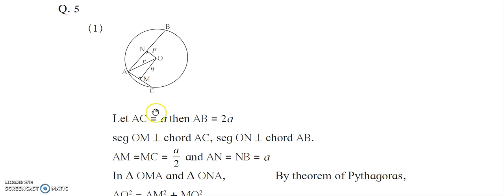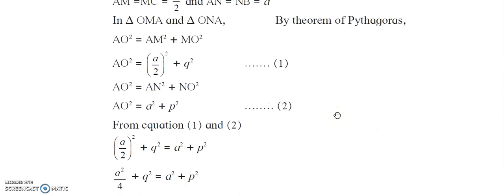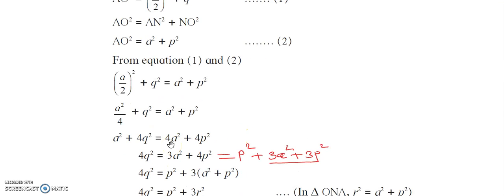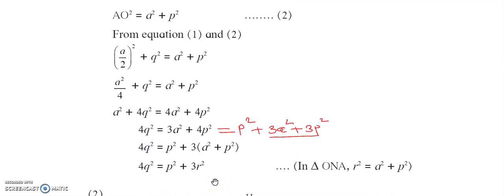In this triangle, AO square is equal to AM square plus OM square, and in another triangle, AO square is equal to AN square plus NO square. AO is common for these two triangles. Equate them, and after equating, one more thing is very important. If we simplify this, we still do not get the answer, but a square plus p square is equal to r square. By using this property, we prove that 4q square is equal to p square plus 3r square.